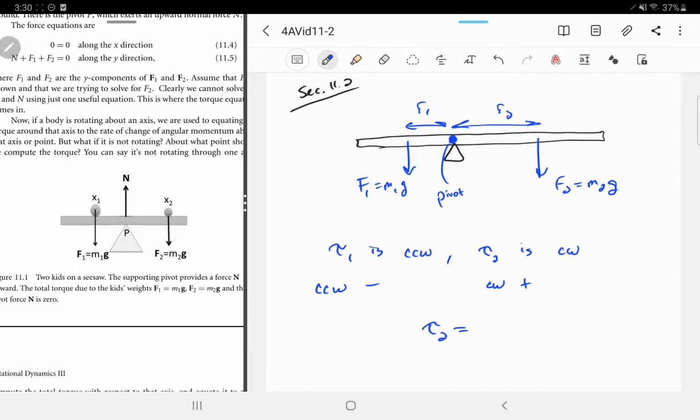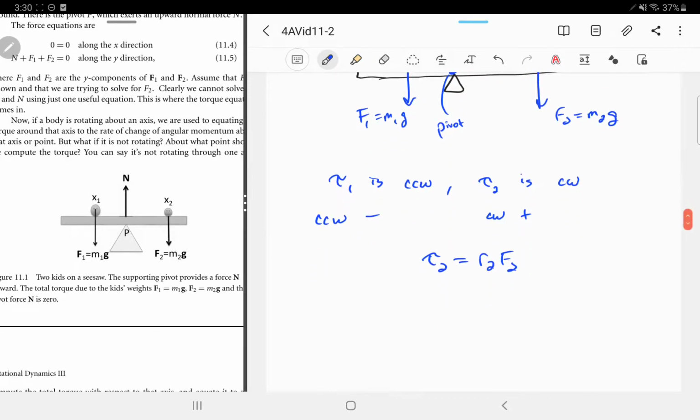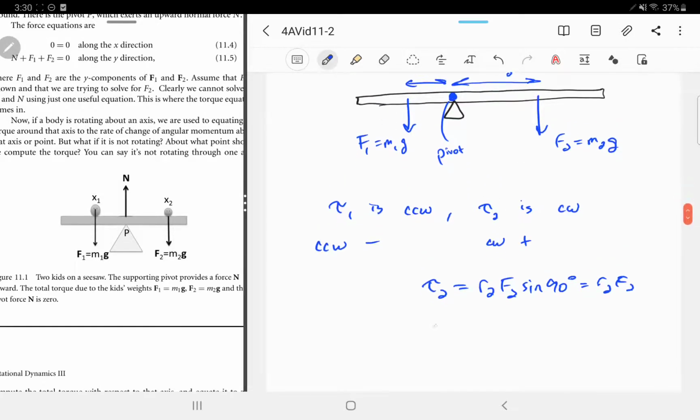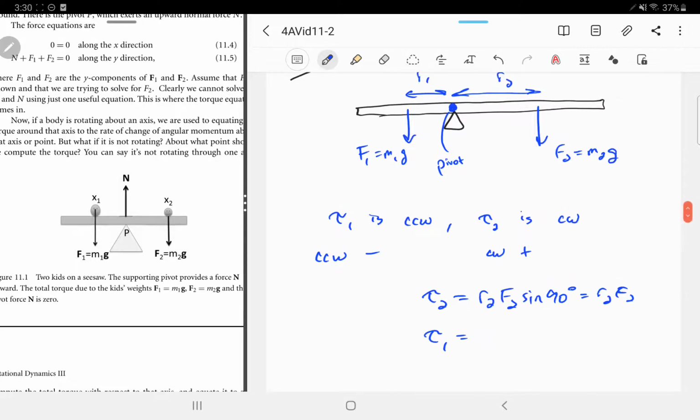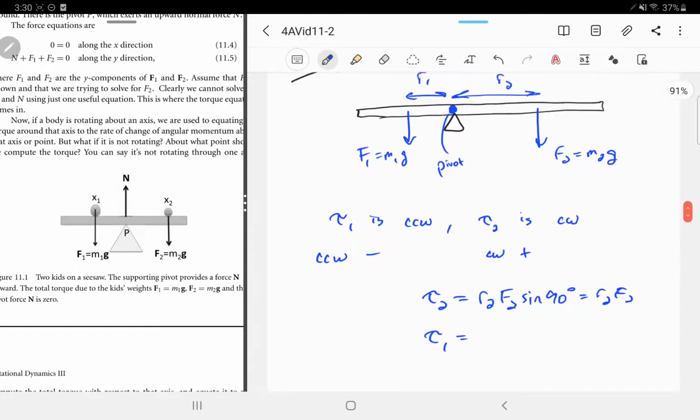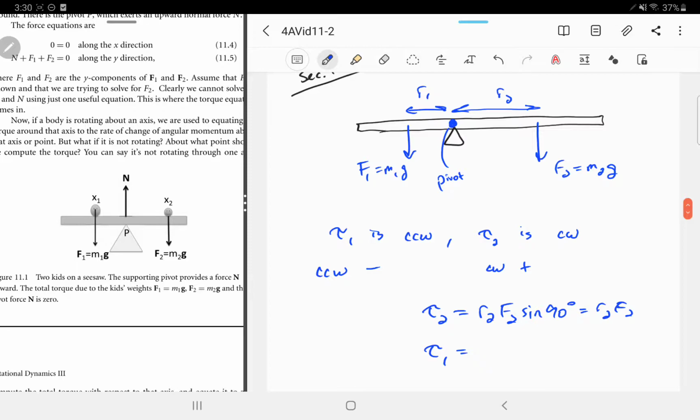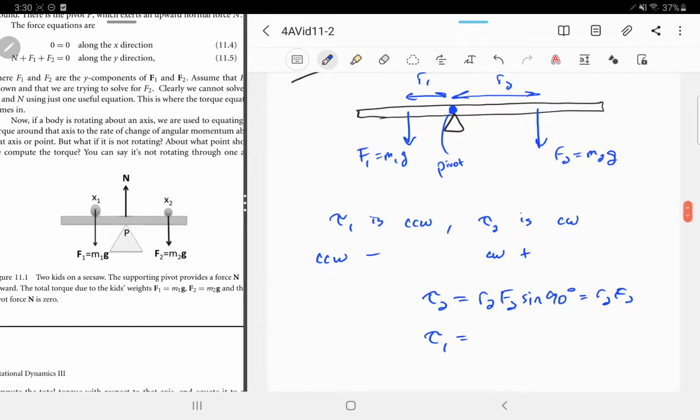So tau 2 is equal to R2 F2 times sine of 90 degrees. We can leave that out, or let me just write it down. R2 F2. And then tau 1 is negative, because the torque produced by force F1 is counterclockwise, and that's our negative direction, so it's going to be minus R1 F1.